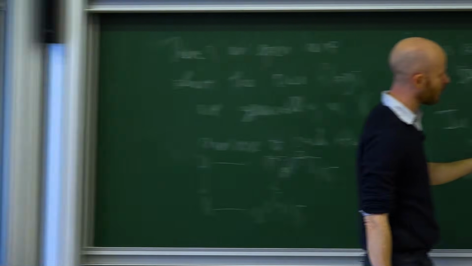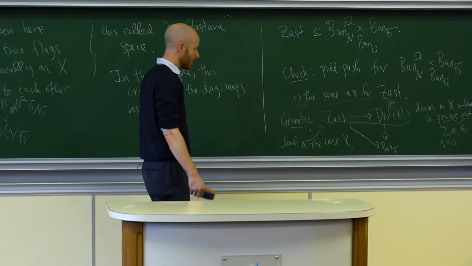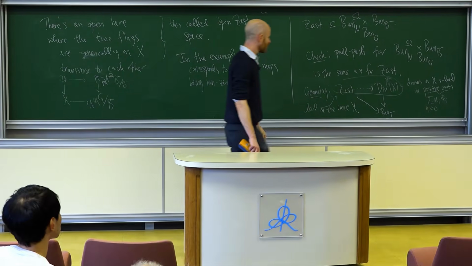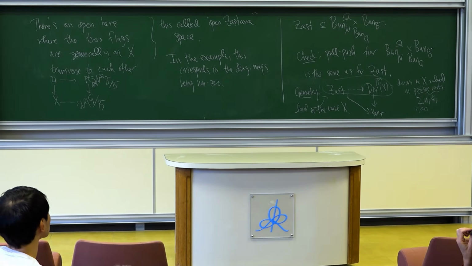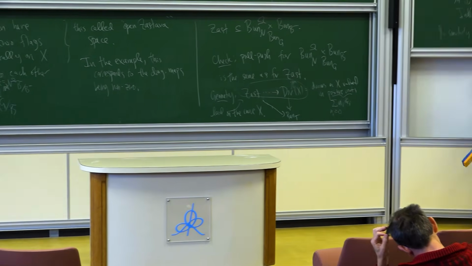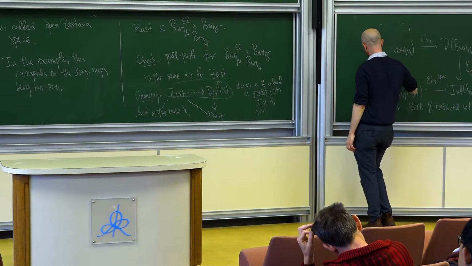So all of a sudden, this problem of global nature becomes a problem of local nature, and that's the sort of thing that we're good at doing in geometric representation theory.